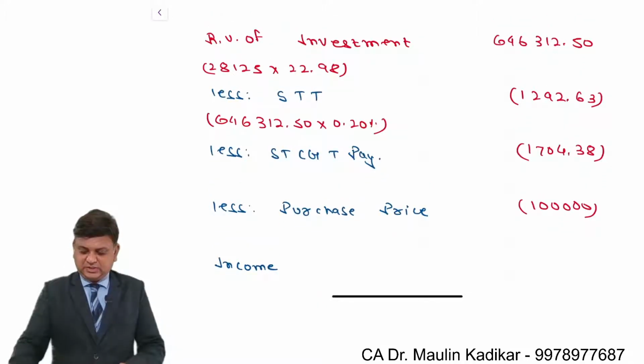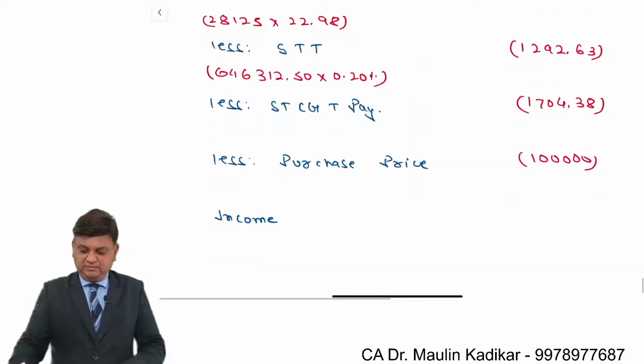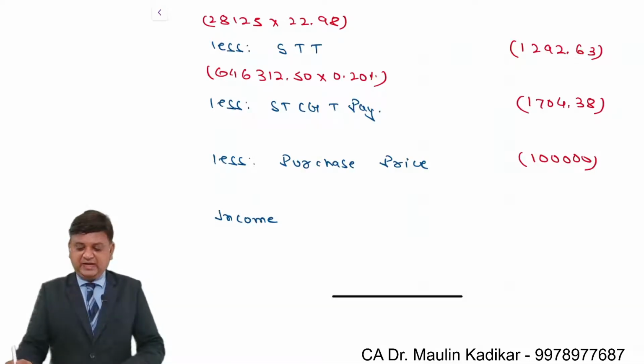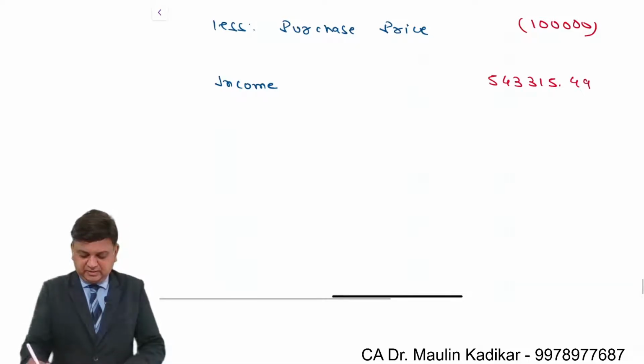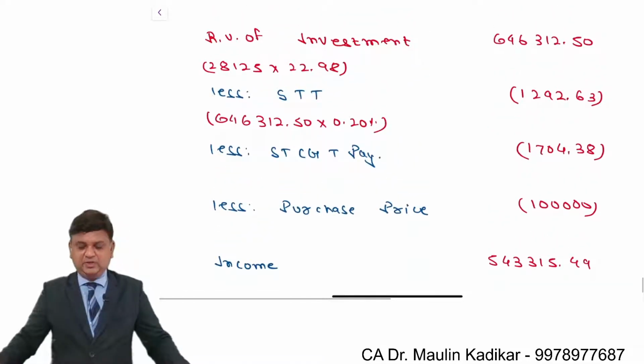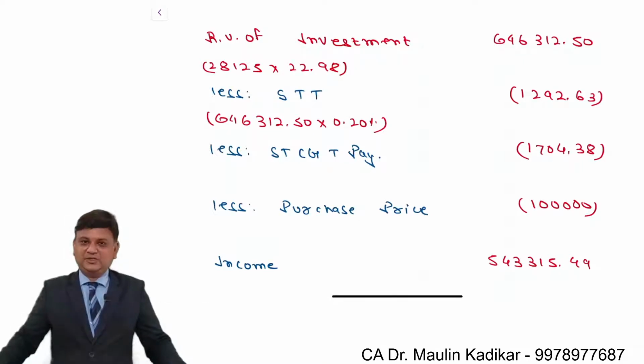So 646,312.50 minus 1,292.63 minus 1,704.38 minus 1 lakh. So it comes to 5,43,315.49. This is the income that you are able to generate, and based on that the return will be calculated.